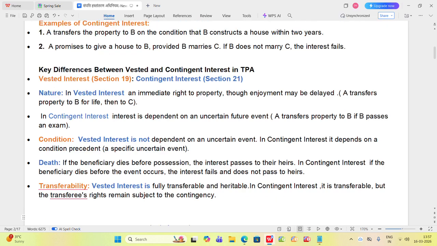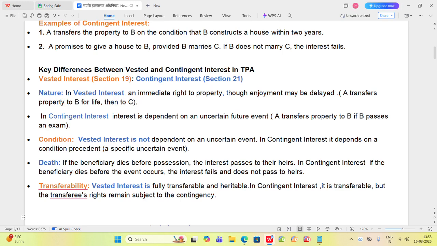Transferability: vested interest is fully transferable and heritable. Friends, vested interest is fully transferable and heritable. In contingent interest, it is transferable, but the transferee's right remains subject to the contingency which is to be fulfilled. Otherwise, there will be no transfer.